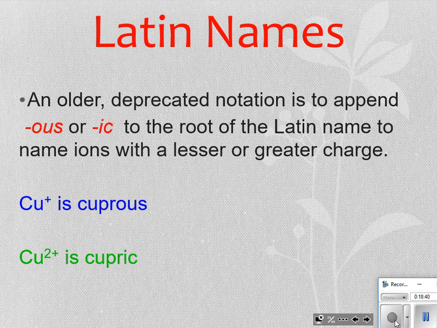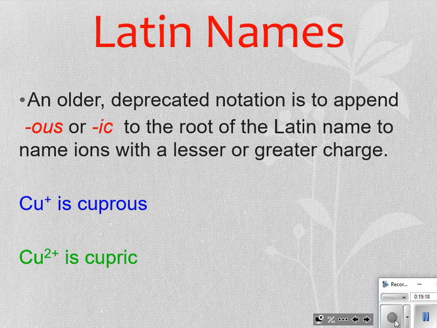Chromium, chromous, chromic. Cobaltous, cobaltic. Ferrous, ferric. You ever thought why iron is Fe? Now, the OUS represents the lowest charge. The IC represents the highest charge. So if you would see something that said ferric on it, what would ferric be?